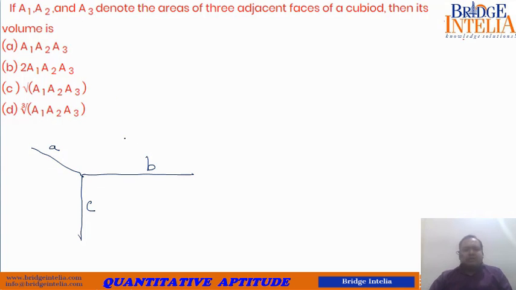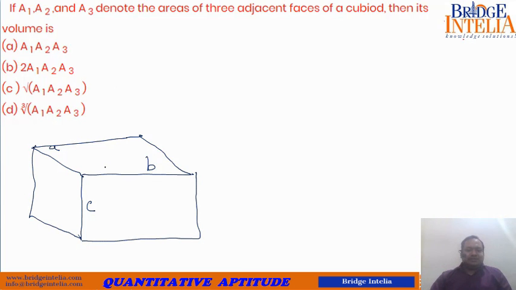Now what is being said? A1, A2, A3 denote the areas of 3 adjacent faces. That means this is face 1, this is face 2, and this is face 3.